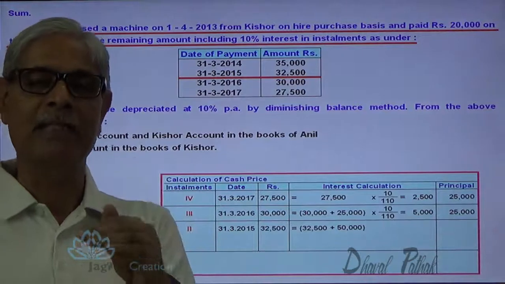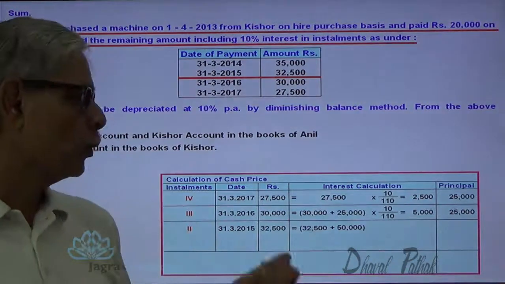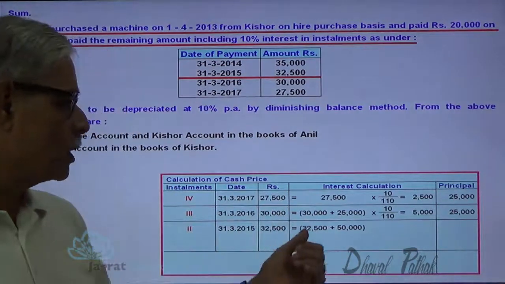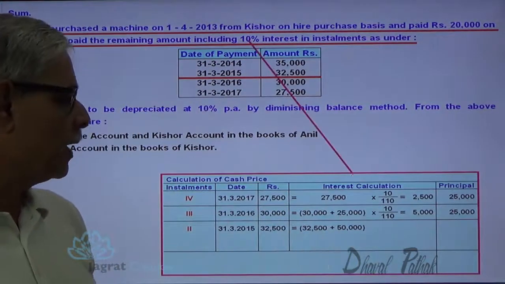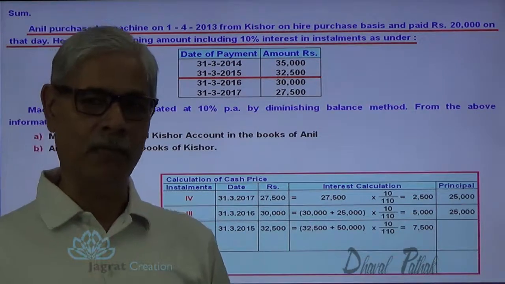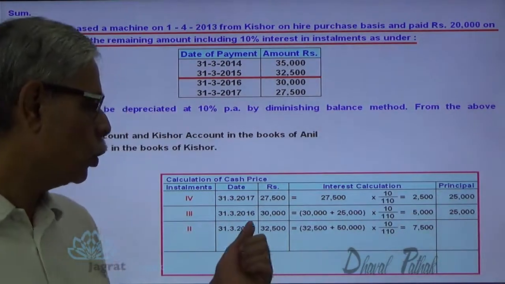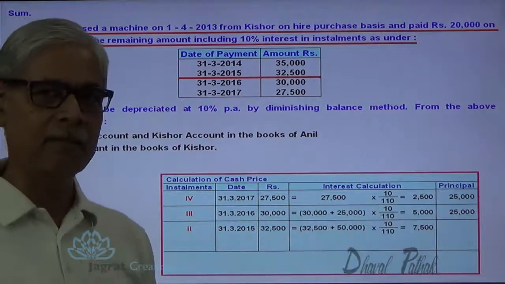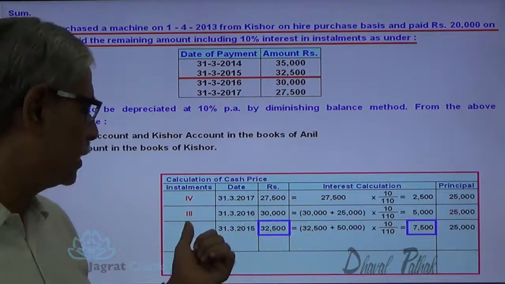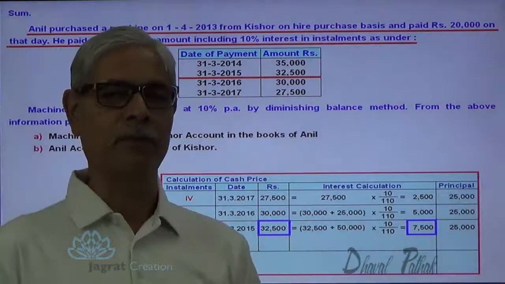If 110 is the outstanding amount with interest, then 10 is the interest. How much for 82,500? So 10 upon 110, that works out to be 7,500. So 32,500 minus 7,500. So principal sum paid in the second installment is also 25,000.